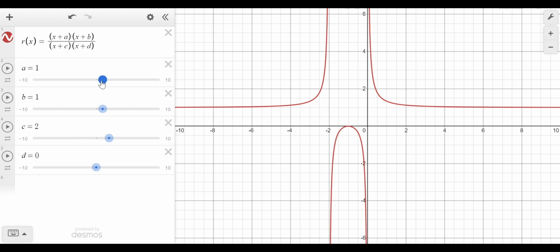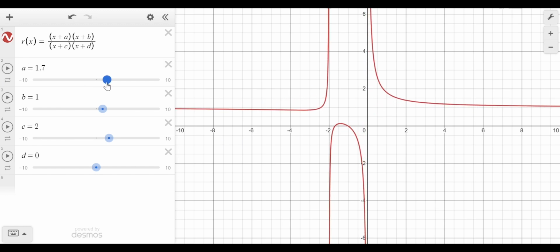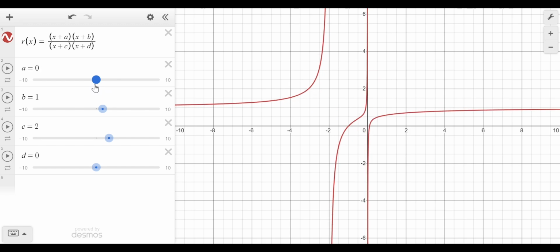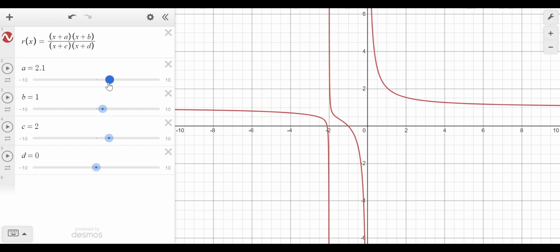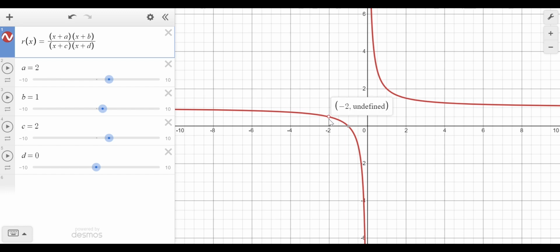Now also notice that I can alter around the a, and it seems to kind of bend and warp things, although it doesn't really bend the asymptote. But if I make that equal to one of the values below, it seems to cancel. What happened to my asymptote at -2? Well, it seems to be gone, but at the same time, there isn't a value at -2 either, because you still would divide by 0 if you plugged in a -2 here.